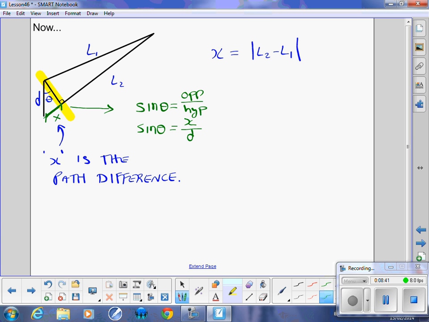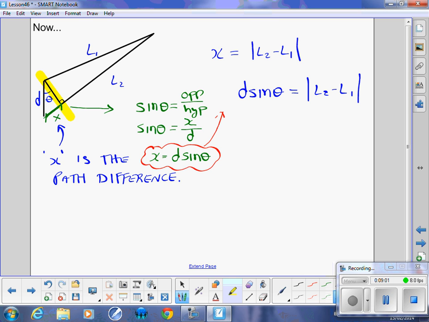Excuse my voice, kind of losing it today. We end up with d sine theta. So that's what our x value is. So we can make that substitution then, and we come up with the formula that slit width multiplied by sine theta is going to equal L2 minus L1. We end up being able to add that to the previous page.